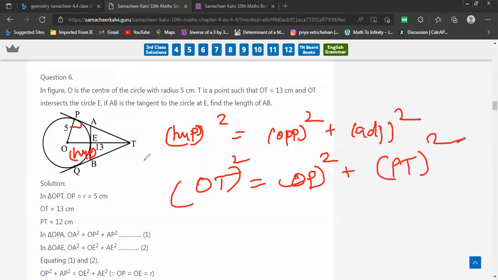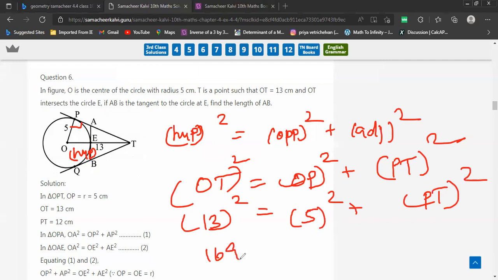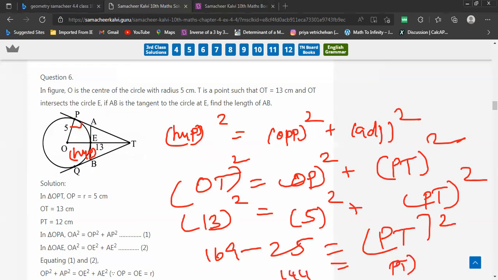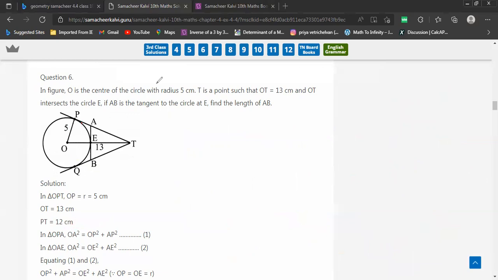And we know the value of OT already, which is 13 given in the question. And they gave OP also, which is 5. So for finding the PT, you just have to subtract this 25 from 169. So it's going to be 144. Take a square root on this. So PT is equal to 12. You take triangle OPA. We're talking about this triangle.